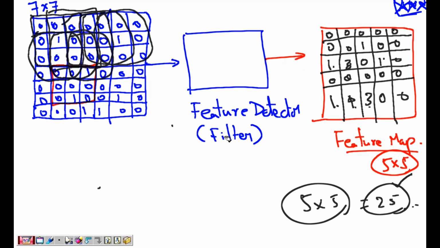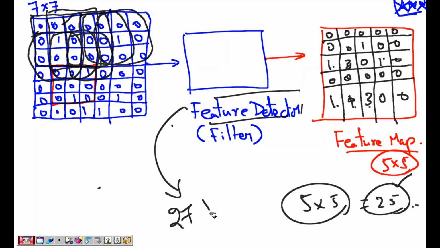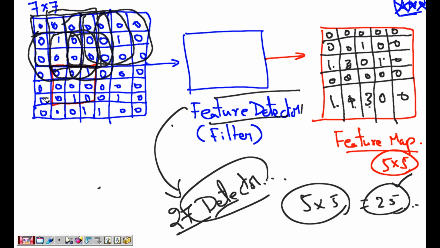So this is feature detector number 1. Such kind of feature detectors, as per our previous examples, we are triggering 27 detectors. This is the first detector, feature detector number 1. Next time, it may take this one as feature detector number 2.